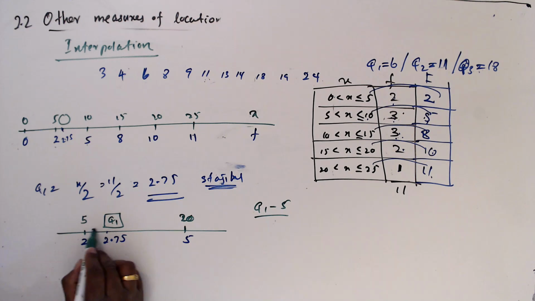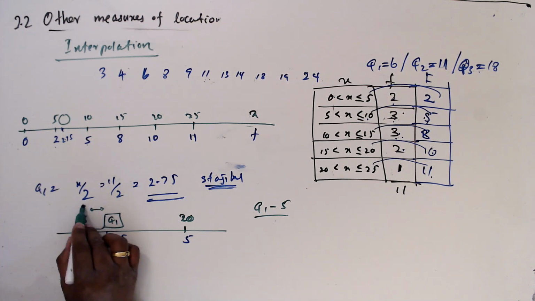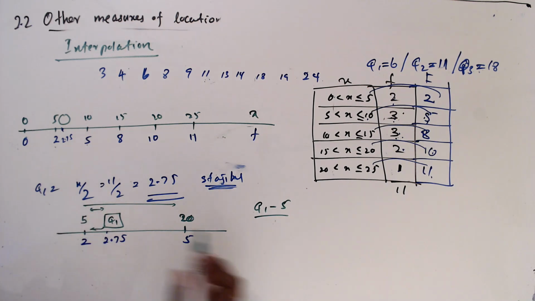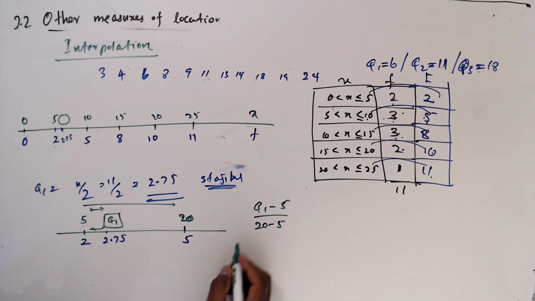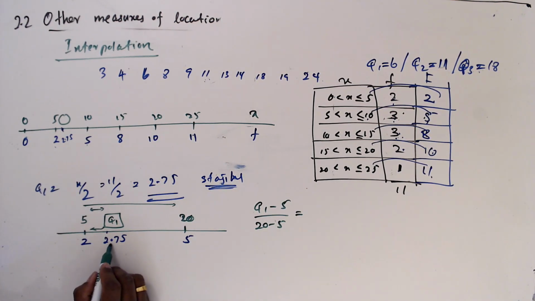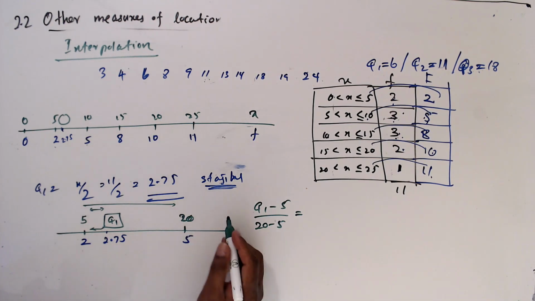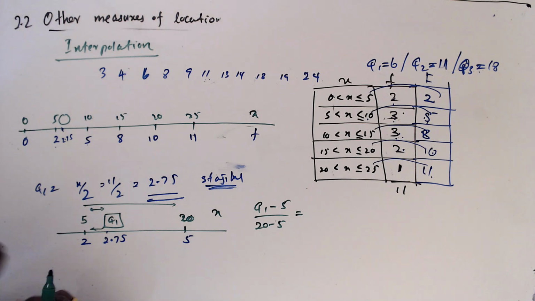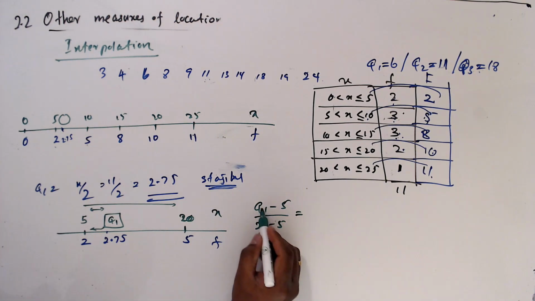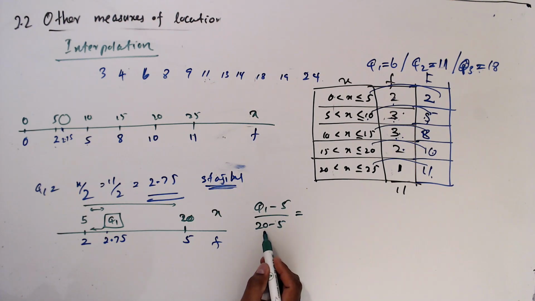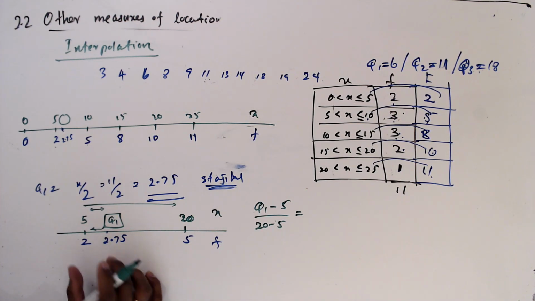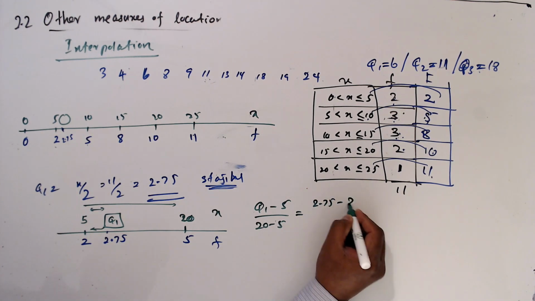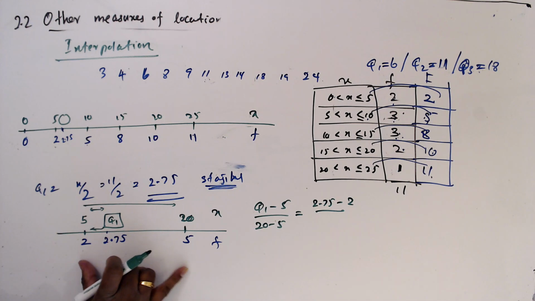I took this distance versus this distance. From the x scale, Q1 minus 5 over 20 minus 5, and from the f scale the small distance is 2.75 minus 2 and the big one is 5 minus 2.